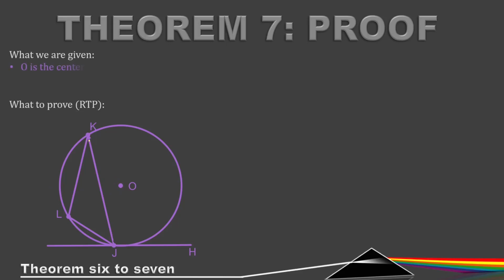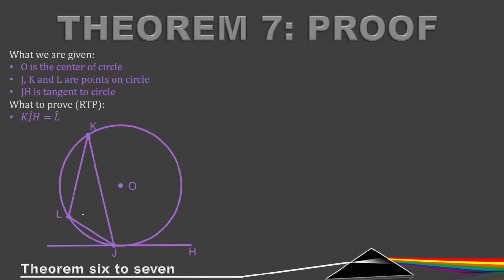Again, we are given the same: O is the center of the circle, J, K and L are points on the circle, and JH is a tangent to the circle. What we need to prove, like we saw earlier, is that KJH is equal to L. So we must prove that this angle is equal to this angle over here.